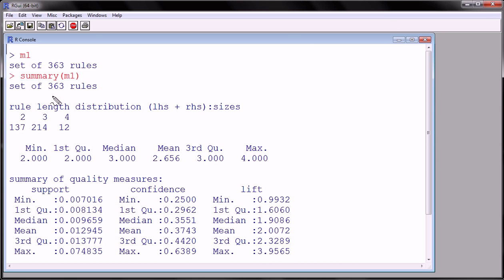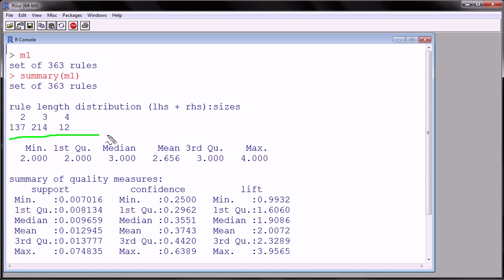Of the 363 rules, 137 of them were of 2 items, something like item A implies item B. Said another way, if you buy item A, you're likely to buy item B. 214 of those rules had 3 items, something like, if you bought items A and B, then you were likely to buy item C. And 12 of those rules had 4 items, something like, if you bought items A, B, and C, you were likely to buy item D, or maybe if you bought items A and B, you were likely to buy items C and D. That's possible as well.